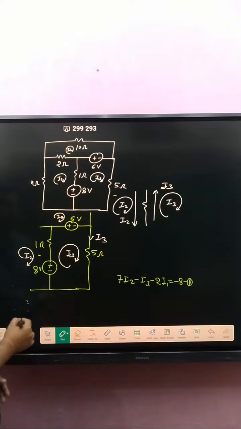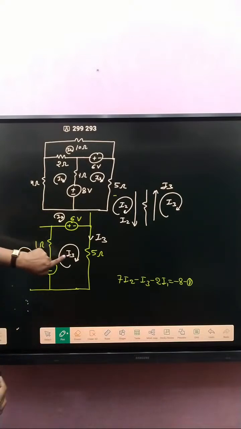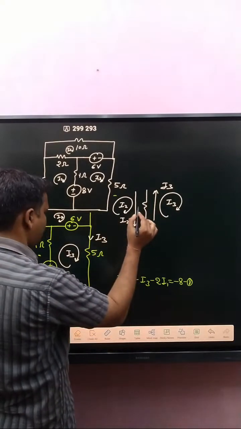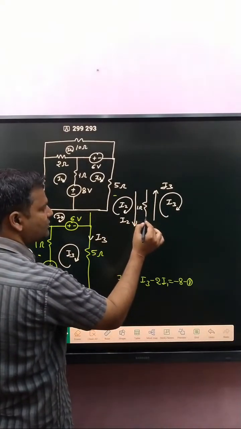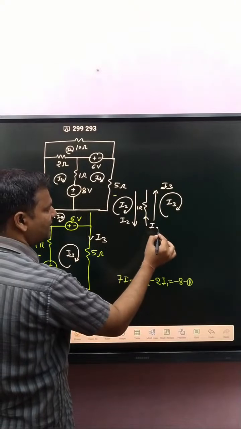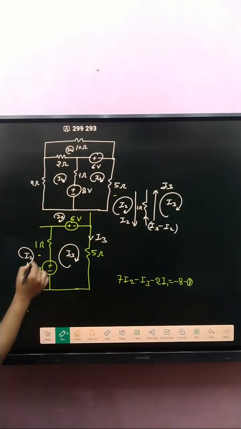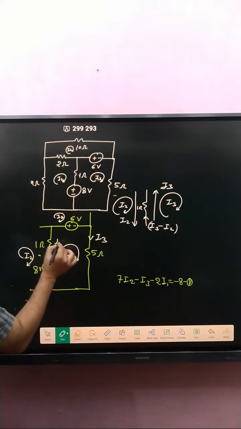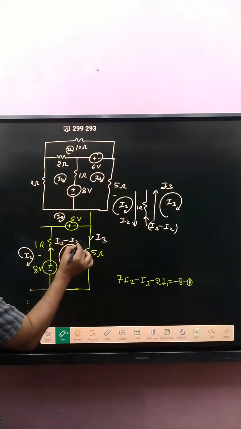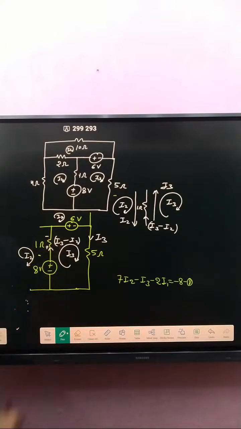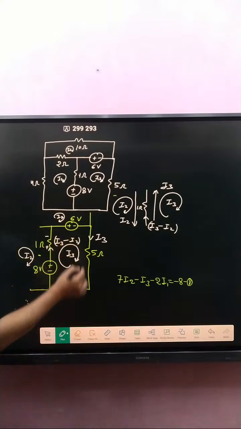If I3 is greater than this one, it means that is 1 ohm. So net current in this branch is I3 minus I2. And here plus minus, no current needed. Why? Because voltage is given. That's why apply KVL in this loop.